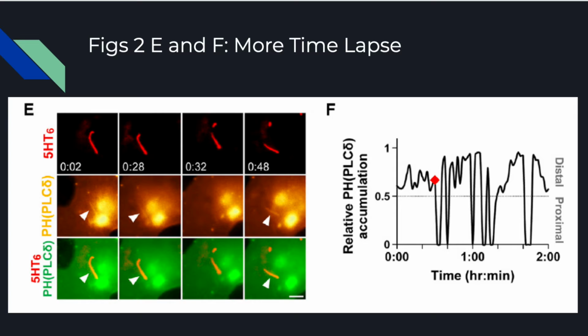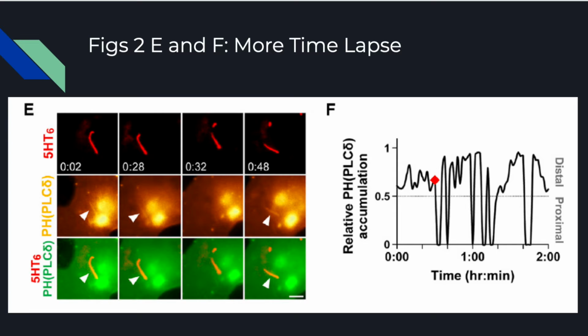And so you can see, looking at figures E and F with the arrows of the overlap pictures, that the fluorescently tagged label PI45P2 is also congregating at the distal location in the cilium based on the arrows.